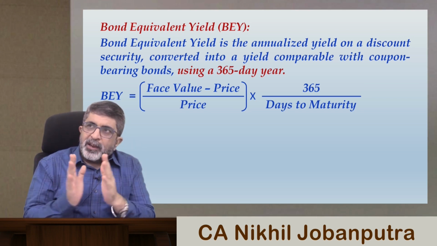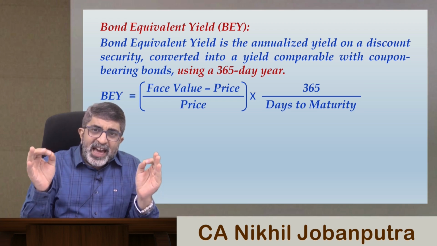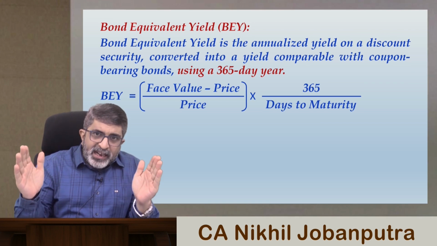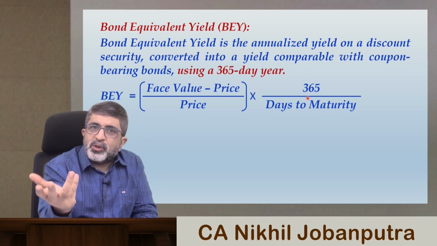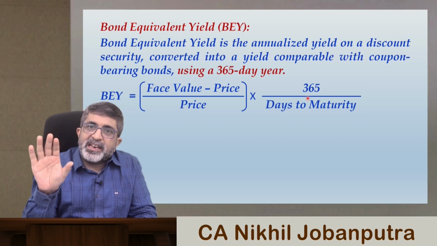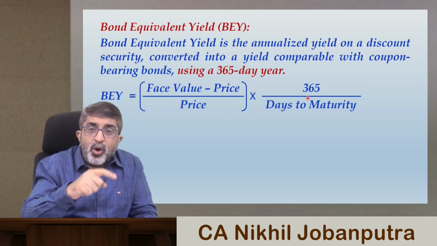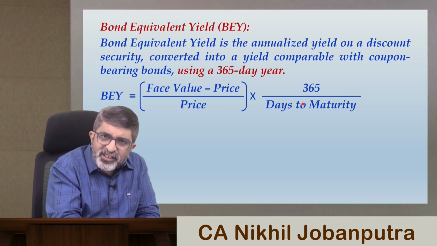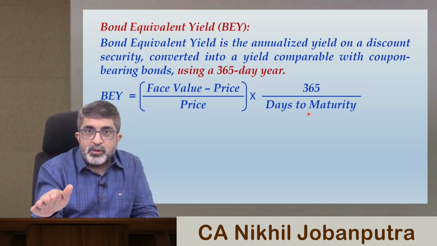So if there is any money market instrument which has one entire year as maturity, because it is one entire year, this factor you don't have to consider. In that case, whether it is discount yield or bond equivalent yield, you are not going to consider 360 or even 365 days because this whole factor will be ignored.